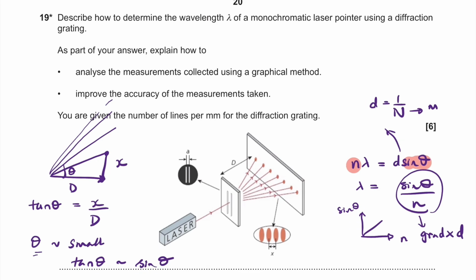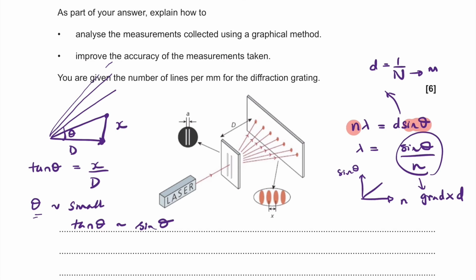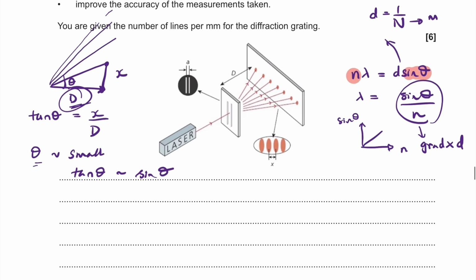We can measure that using a protractor to improve accuracy. One more thing about the accuracy is that d should be large enough to lower the percentage uncertainty in the angle. Secondly, we should also measure the x across either side.